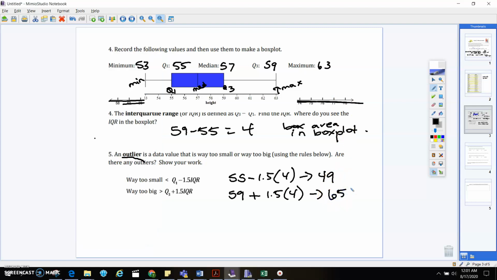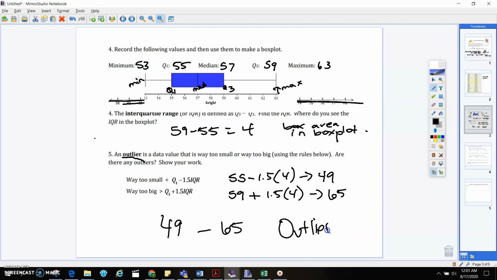Now, here's the deal. What we want to look at is the max and min. Are they inside this region of 49 to 65? Our maximum over here is 63, so that's inside our range. And then we've got this minimum, which is 53, and it's inside this range as well. So are there any outliers?